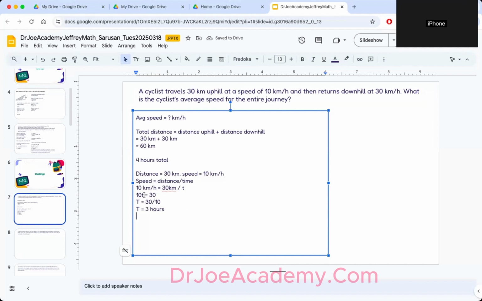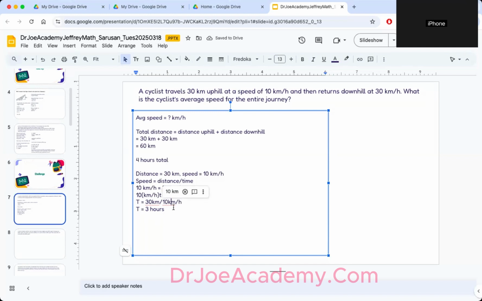As you are writing this out, you'll notice that the units are attached. The units never leave. So you'll do 10 kilometers per hour equals 30 kilometers. Then you can do 30 kilometers here divided by 10 kilometers per hour.